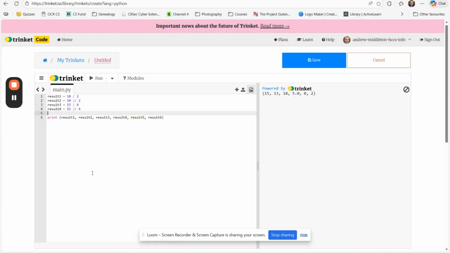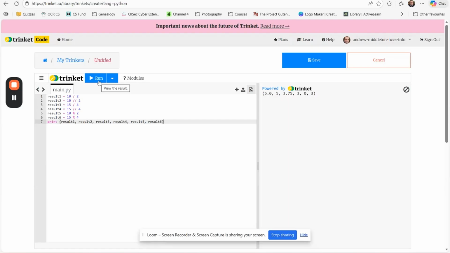And then what happens if I put in result5 with a percentage between them, 10 % 2, and result6 being 15 % 4. Now I'll put the spaces in just so it's easy and you can see what's happened there. When you run it, let's see what you can work out.